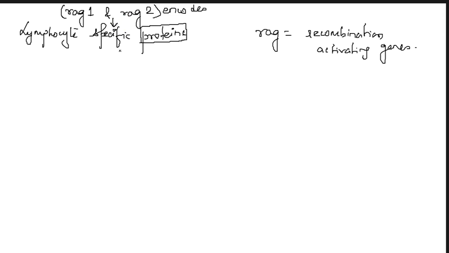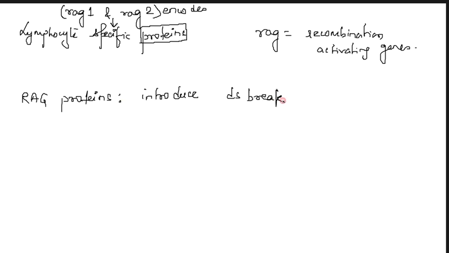Next, what is the role of these RAG proteins? These RAG proteins will introduce a double stranded break at the flanking DNA sequence.